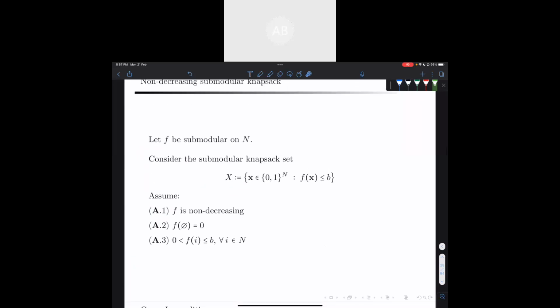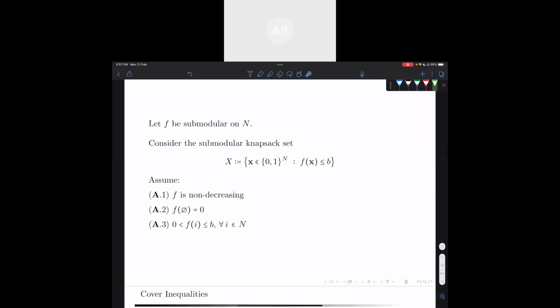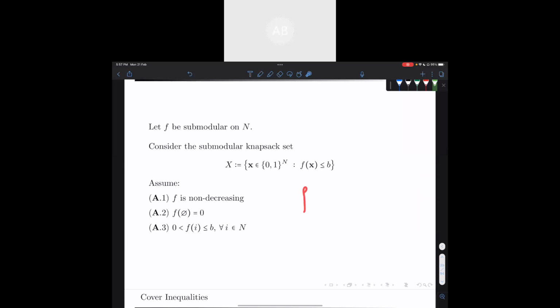So if this was particularly the set you were interested in, any solution such that f of x was greater than b would be an infeasible solution, right?